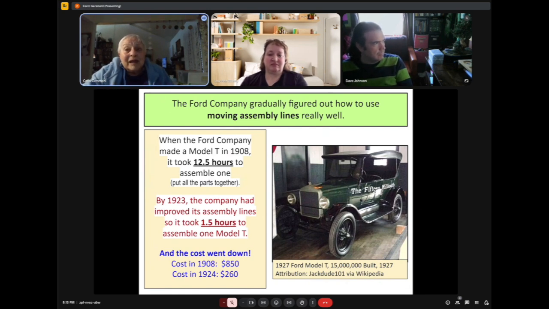The cost came down because the workers weren't spending so long. This is called being efficient. The cost came down from $850 for a Model T to $260. That's really a good deal.